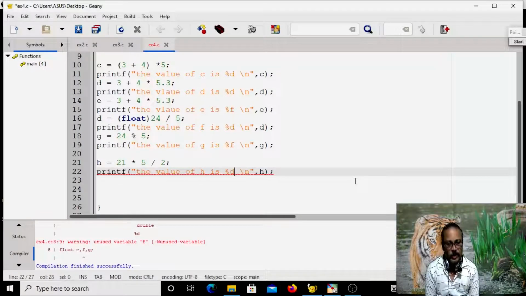So the format specifier should be correct. The format specifier depends on the value you want to print. If you want to print integers, percentage d. If you want to print floating, percentage f. So it depends on what you want to print.